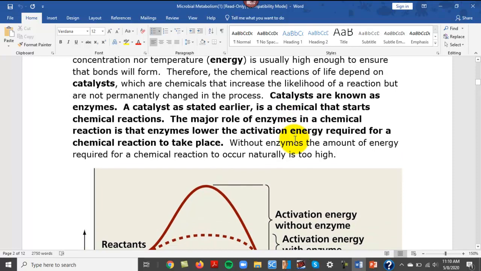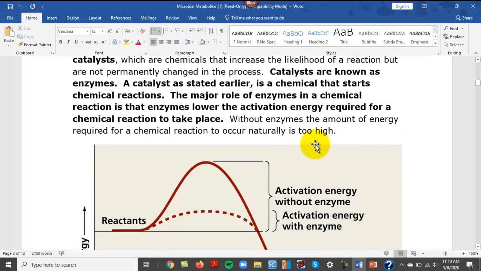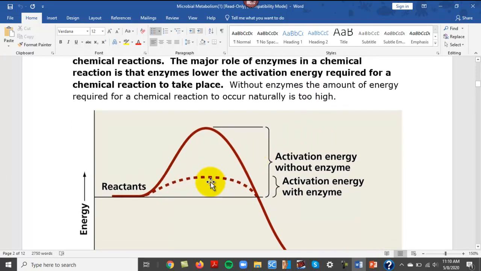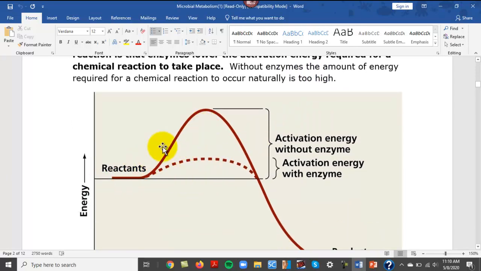Enzymes act as catalysts. That's why most chemical reactions will not occur unless there's an enzyme present. And the reason is that, see this arc, that amount of energy is usually too much for the reactants to overcome. So this dotted line is showing when you have an enzyme involved with a chemical reaction, there's much less energy.